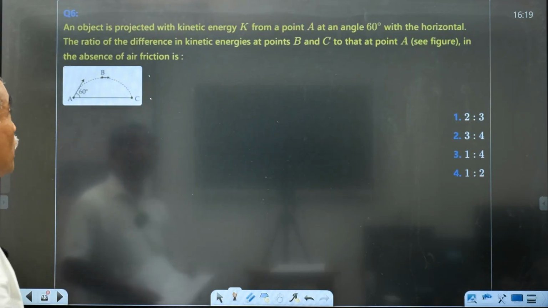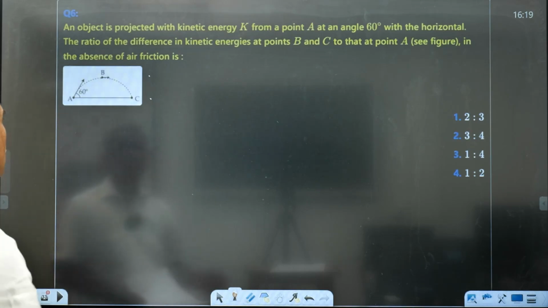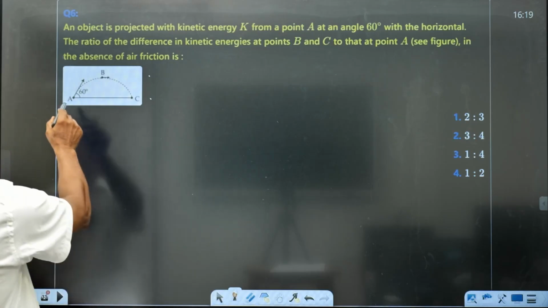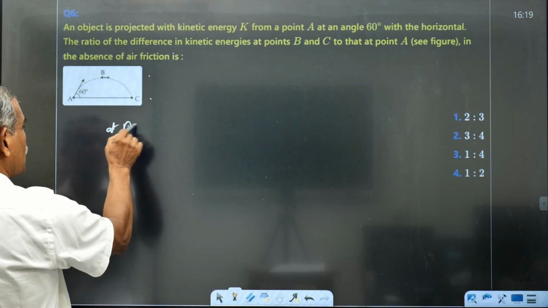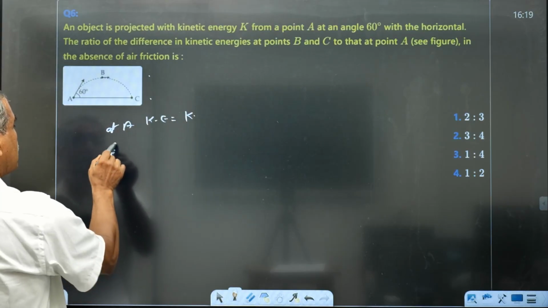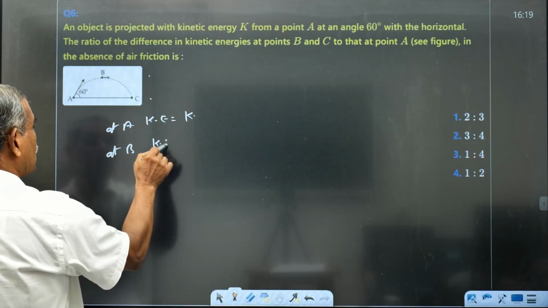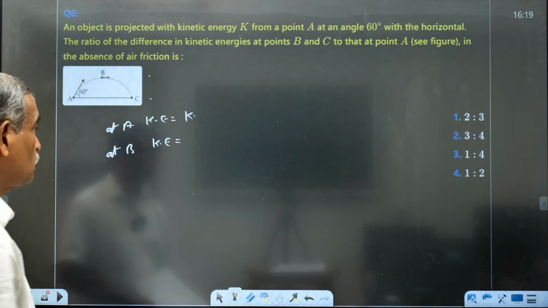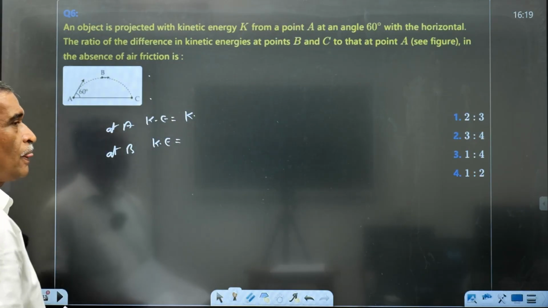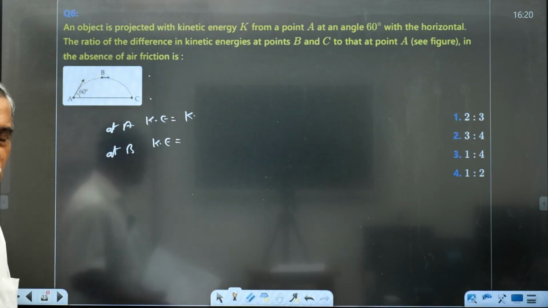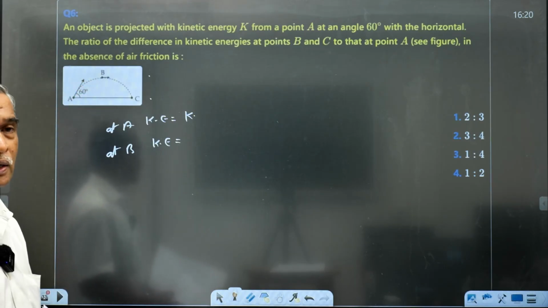The body is projected at an angle of 60 degrees, and therefore at the point A the kinetic energy is equal to K. At B, the kinetic energy is half m u squared, with horizontal velocity u cos theta, whole squared.